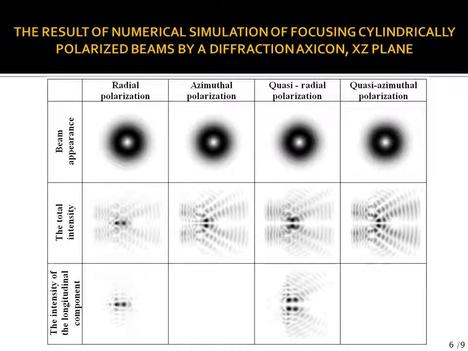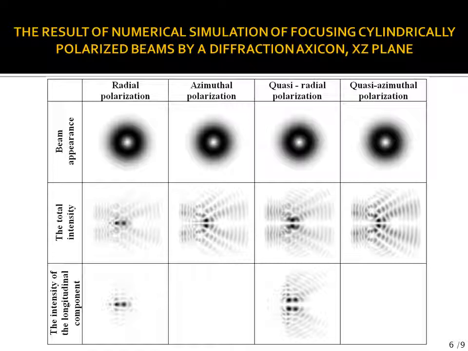On this slide, you can see the result of numerical simulations of focusing cylindrically polarized beams by a diffractive axicon in the XZ plane. For radial polarization, the full width at half maximum for the total intensity of the electric field components outside the element was equal to 0.55 lambda.